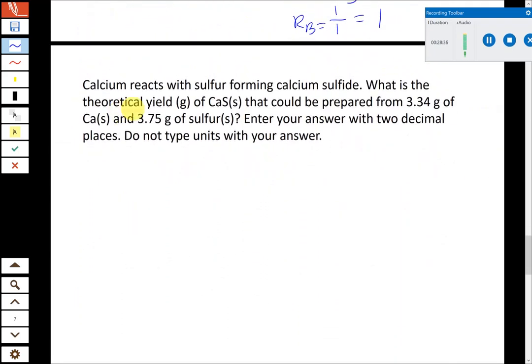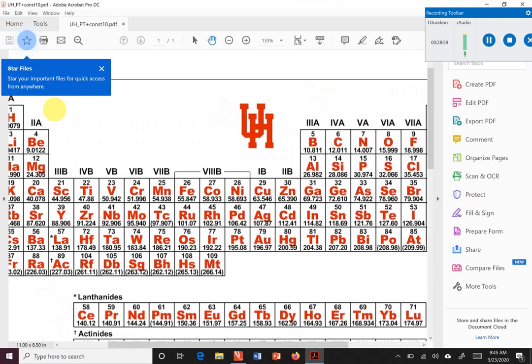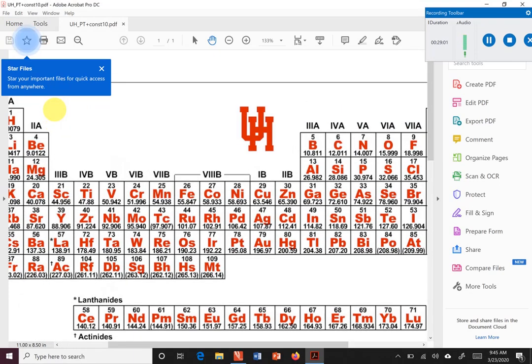So we have calcium reacting with sulfur to form calcium sulfide. Now there's 2 ways of writing the balanced equation. The way that most of you probably did it at this stage in the course was just to say calcium is Ca, sulfur is S, and then we have to form our product. Now calcium sulfide, remember we have to figure out the formula of the product. So if we go back to the periodic table here, it's an ionic compound, so we need to figure out the charges of the ions.